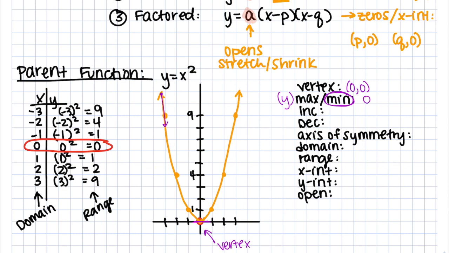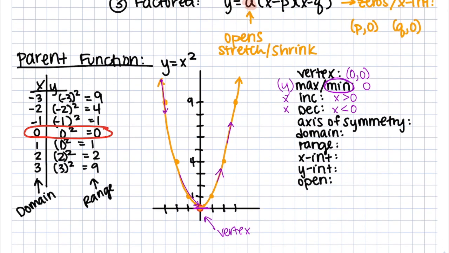So this is my decreasing interval, and we're decreasing all the way until we get to our vertex. That is going to be our x values, so that is when x is less than 0. It's not increasing or decreasing at 0, so it's not included. And then after 0, we are going up, so x greater than 0.